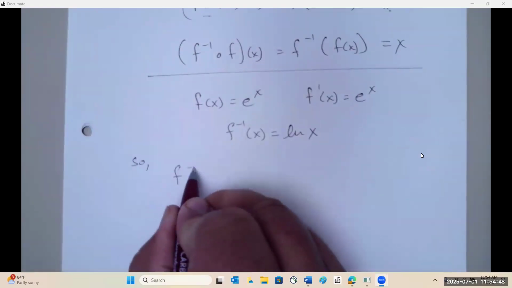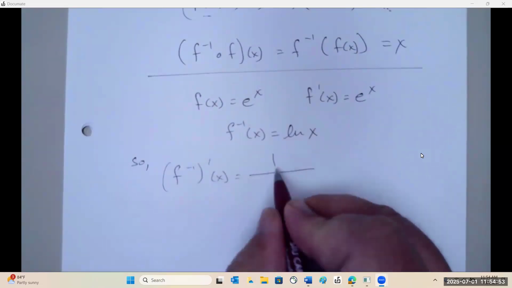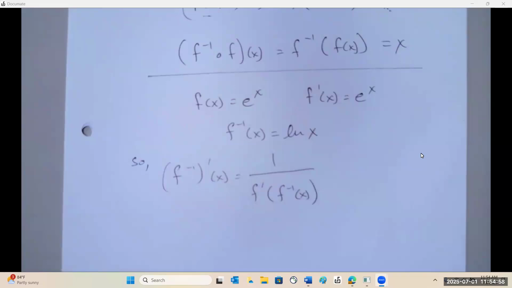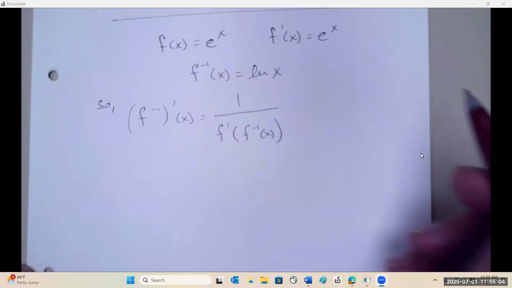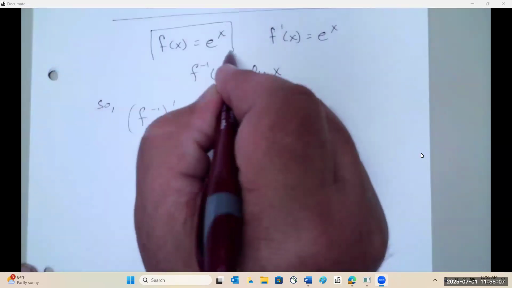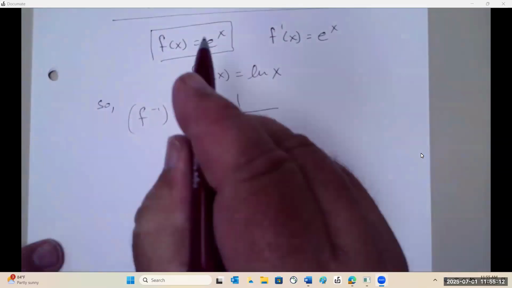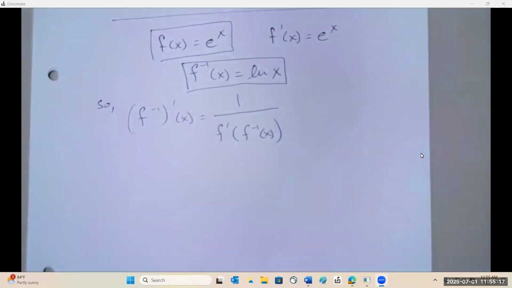So we can use what we just learned, because what we're looking for is the derivative of our inverse. There's our f of x. What is the derivative of ln x? Remember what it was? Is that 1 over x? Yeah. This is the proof of it.